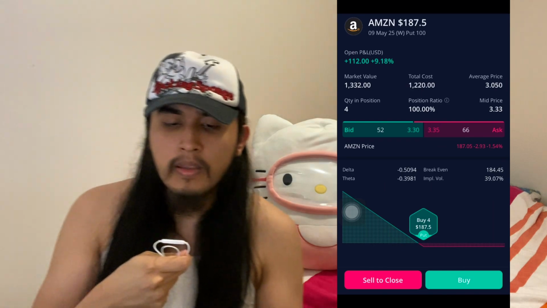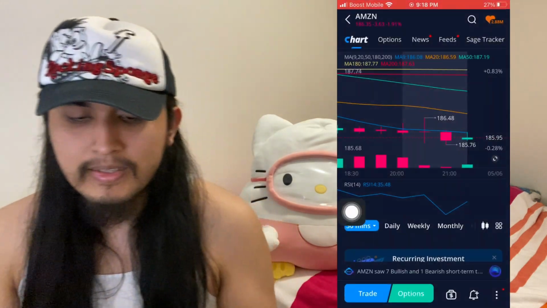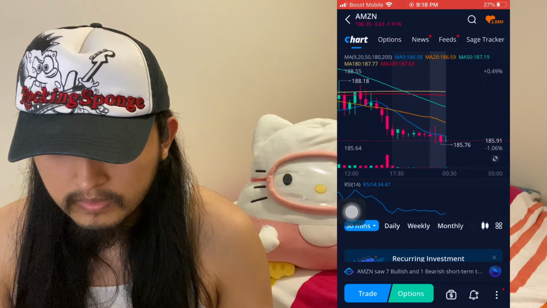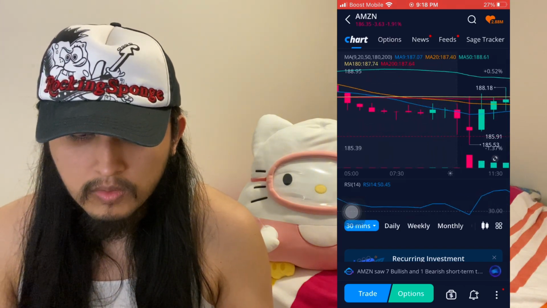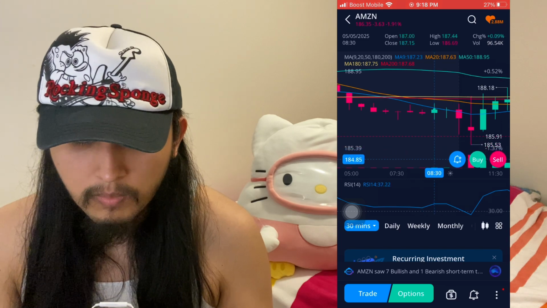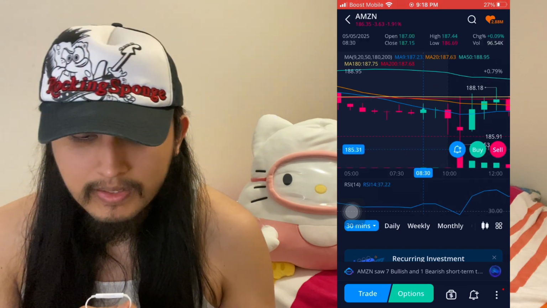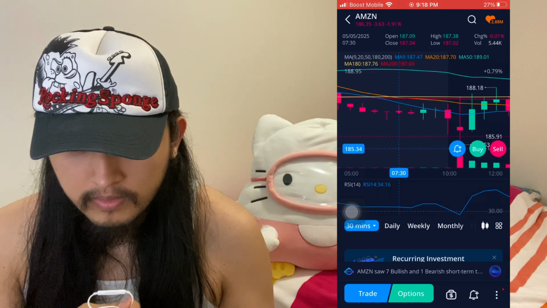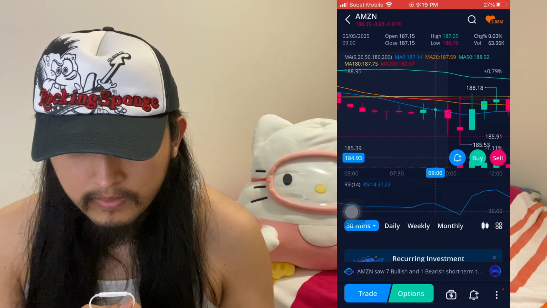And so basically the game plan was this. During the pre-market, you can see that it was having trouble breaking out of the 9-day moving average. It had trouble here, and here.